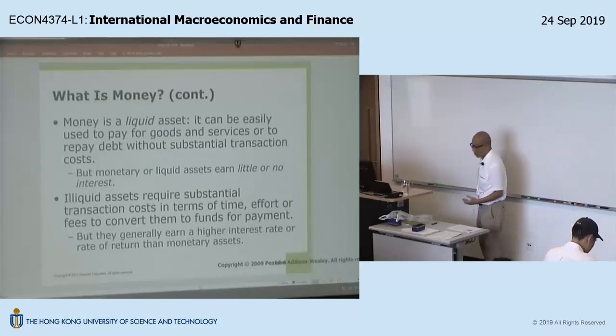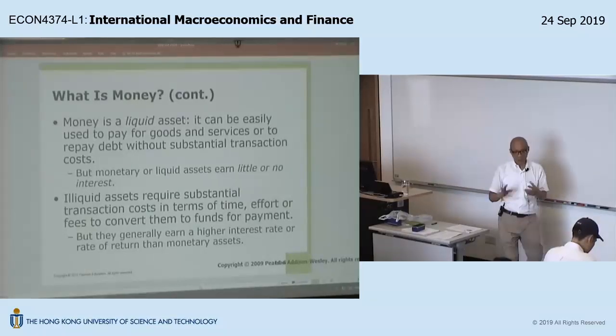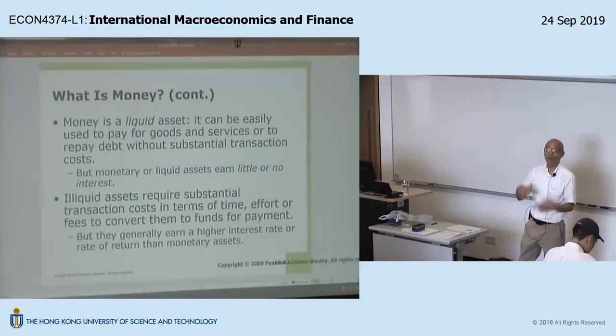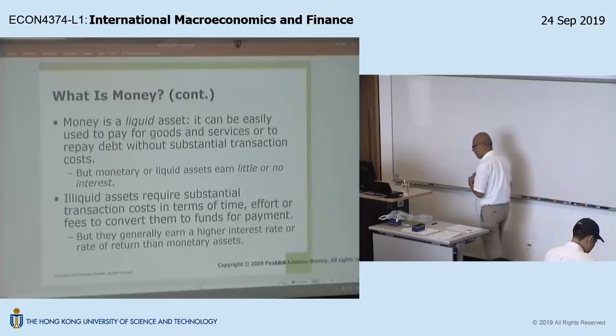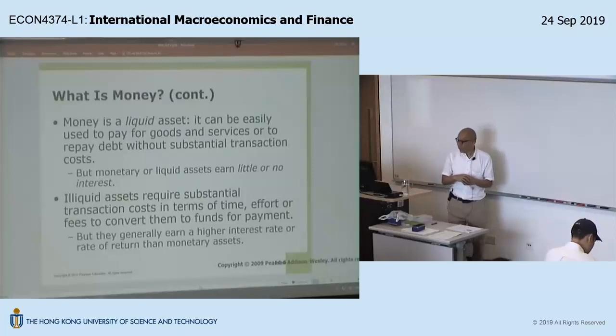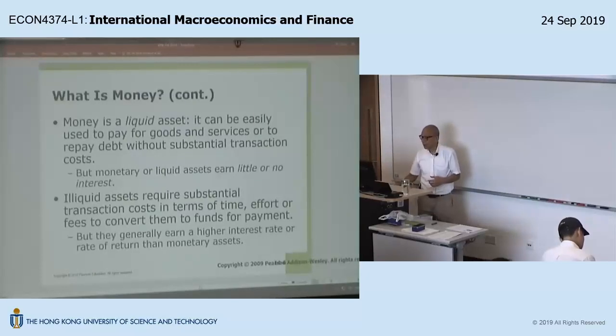When you want to sell a property, you don't want to sell it when the price is low. You have to wait until the price is high, and that also takes time, okay? So liquidity is also related to the fluctuation in price of the asset.